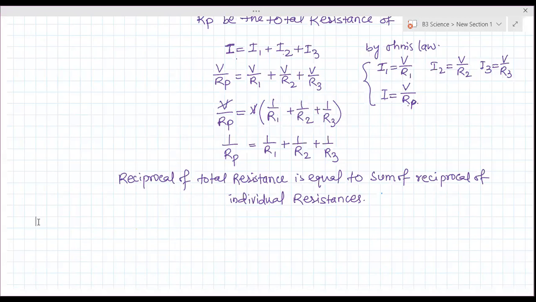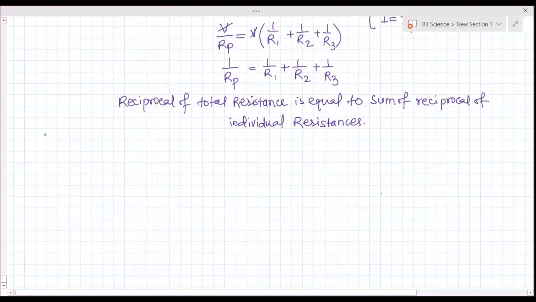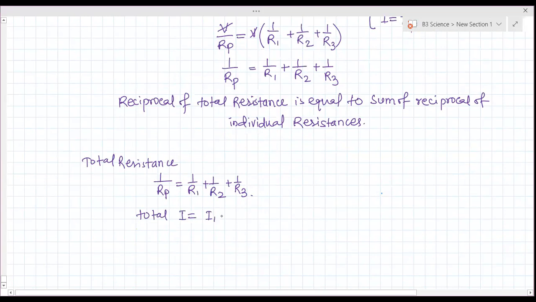So now in this case, what are the things you need to know? For parallel combination, total resistance is given by 1 by Rp is equal to 1 by R1 plus 1 by R2 plus 1 by R3, right? Total current is equal to I1 plus I2 plus I3, and that is also equal to V by Rp, total potential difference divided by total resistance.